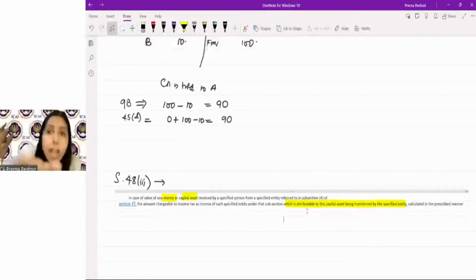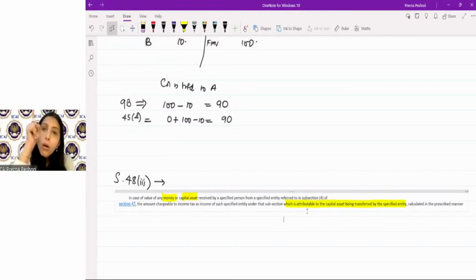The capital asset is now being transferred at a later point, will be allowed as deduction. So the amount charged under 45.4, which is attributable to the capital asset transfer, will be allowed as the deduction. Because we have taxed you earlier, now we will allow you the deduction. Clear this logic? Any doubt? So just write it down.